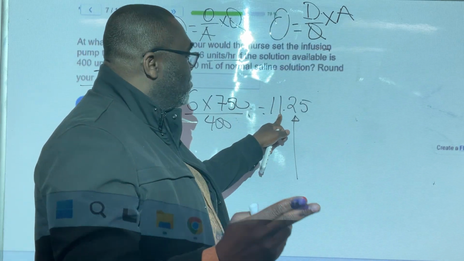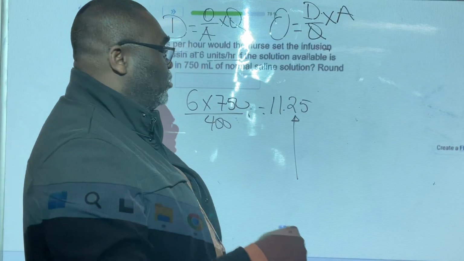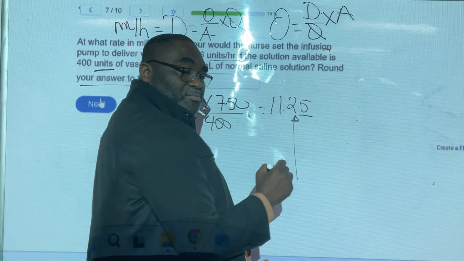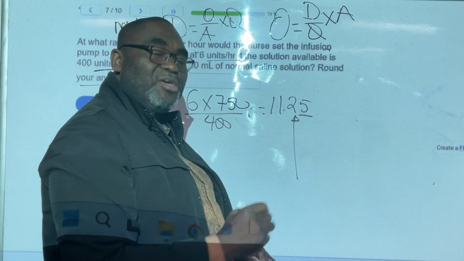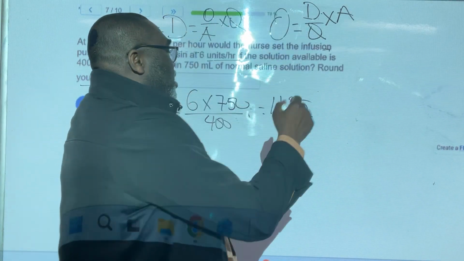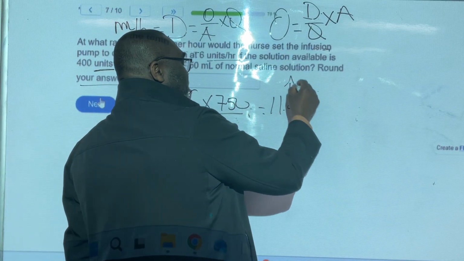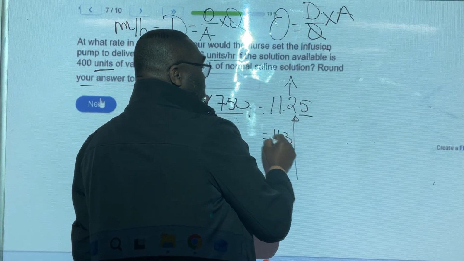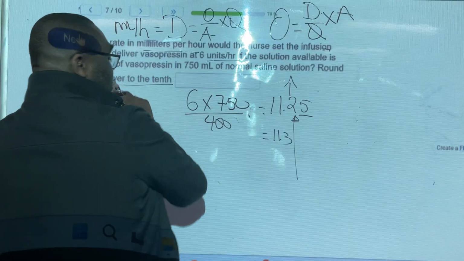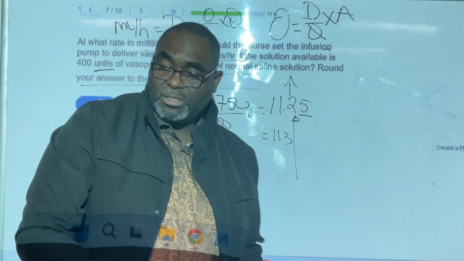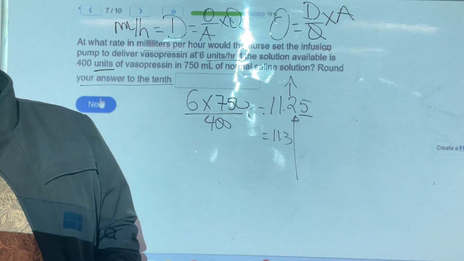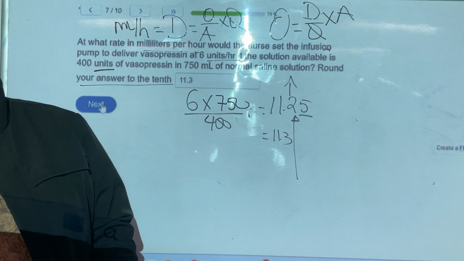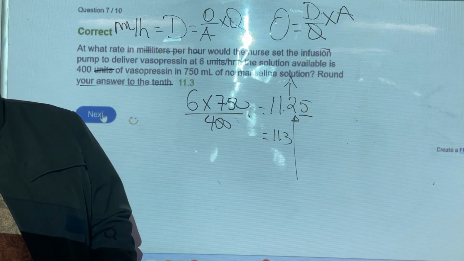Second rule, before you can draw a conclusion, look at the number that comes immediately after where you're supposed to stop. That number is 5. Because that number is 5 or more, I'm going to bring this number up. So I'm going to add that 1, so it will become 11.3. So if you did not read that they say round to the nearest tenth, you see, you get it wrong right there. So now it becomes 11.3.